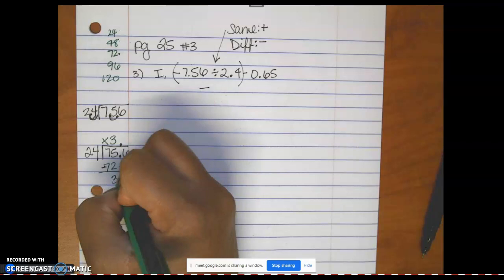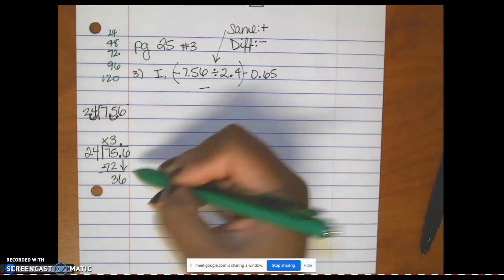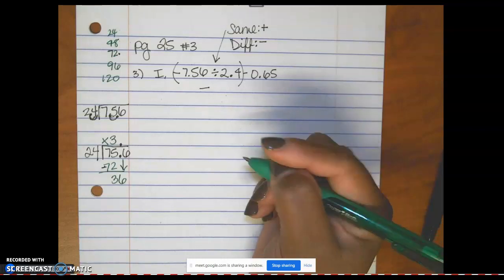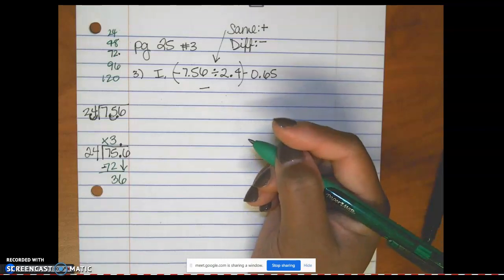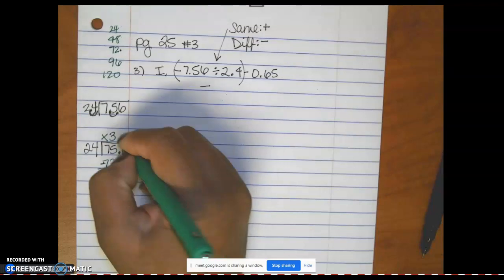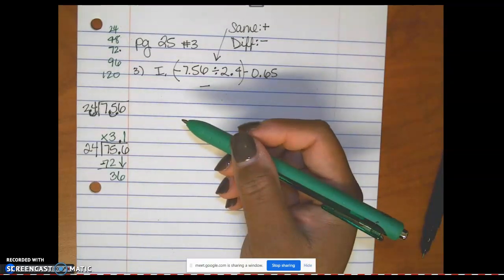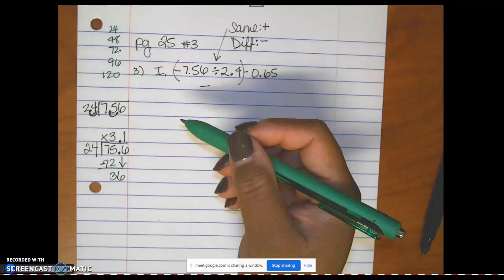Bring down the 6. 24 goes into 36 how many times? 1 time. 1 times 24, what's 1 times 24?